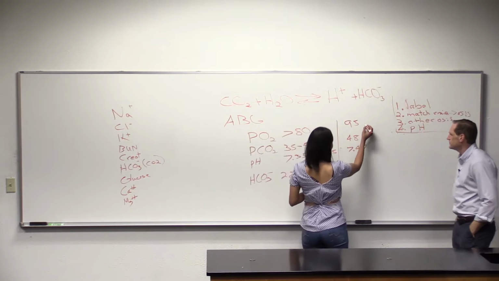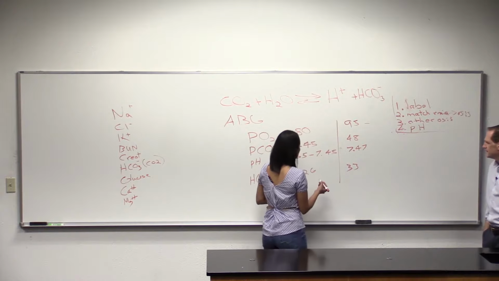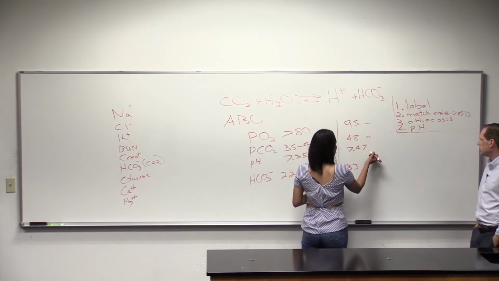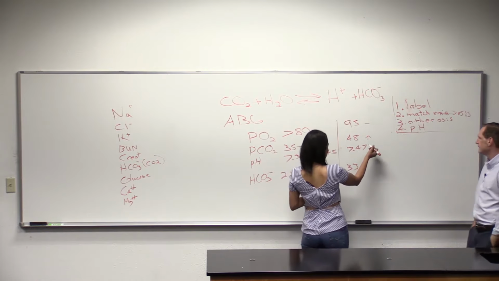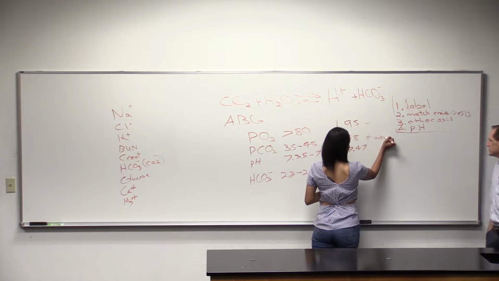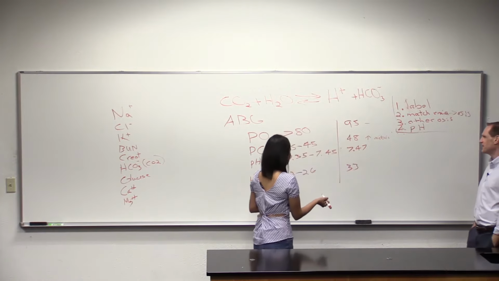Okay, that's normal. So 95 oxygen is normal. And this is high, so 48 PCO2 is high, so that's respiratory acidosis. I have to repeat everything you say so it can be on camera.